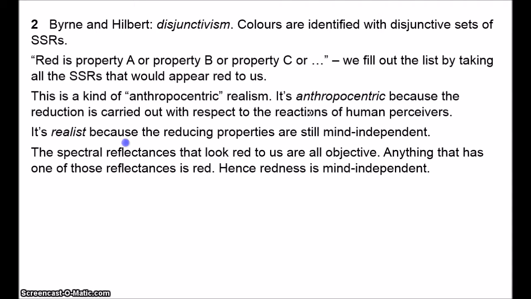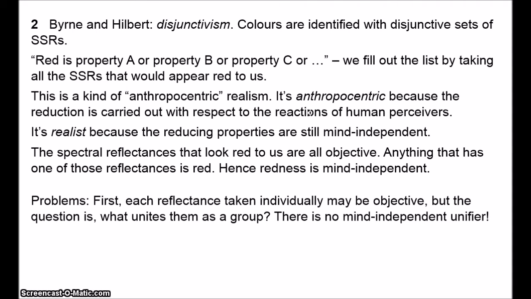Or so Byrne and Hilbert say, but I can't help but feel there's something kind of weaselly about this kind of argument. So one objection is, well, look, the set of reflectances for each colour is just going to look completely gerrymandered and arbitrary. It's true that each reflectance taken individually is mind-independent and objective.